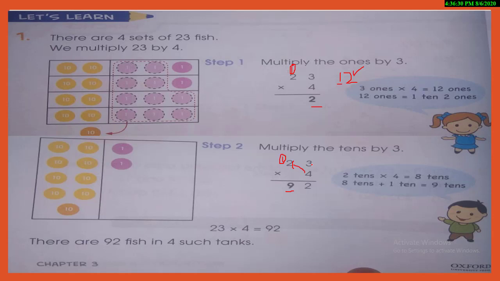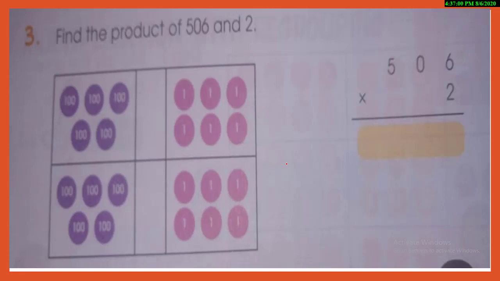Just remember that one rule: you are not supposed to write two digits at the ones place. When the answer is a two-digit number, one digit will be carried, the right side digit will be written at the bottom, and the carried number will be added. You will easily understand this concept with more practice, and this concept really needs practice. So let's do it with practice.